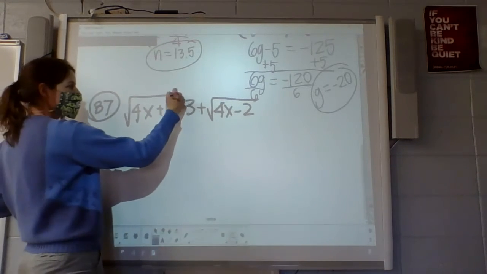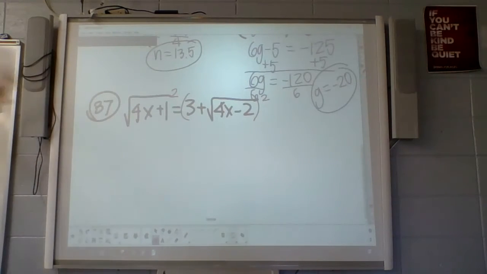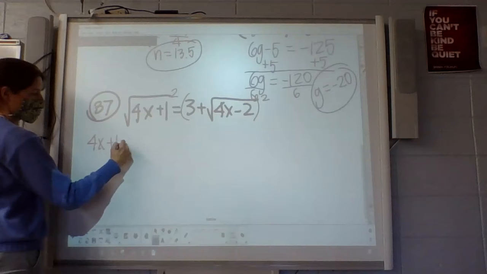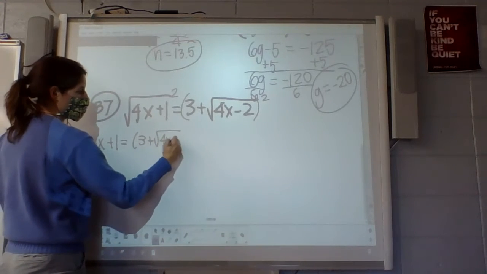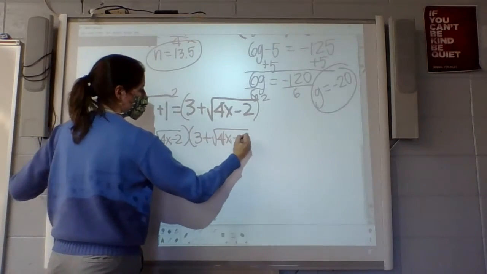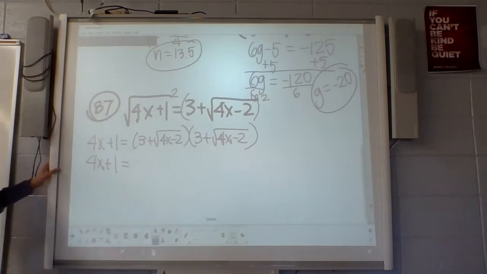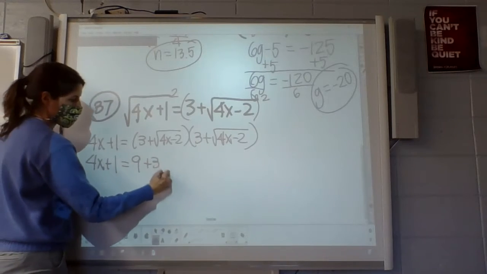Okay. So you square this side and square over here. So on the left side, the square root goes away. On the right side, we have to FOIL. That's this kind. Foil. So, left side doesn't change. The right side, though, I have to do a bunch of multiplying here.